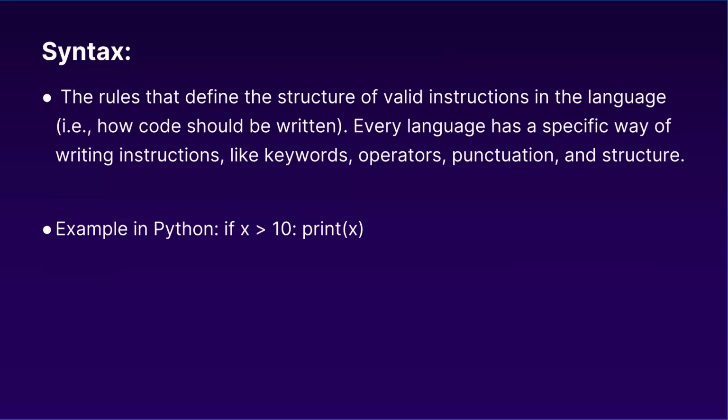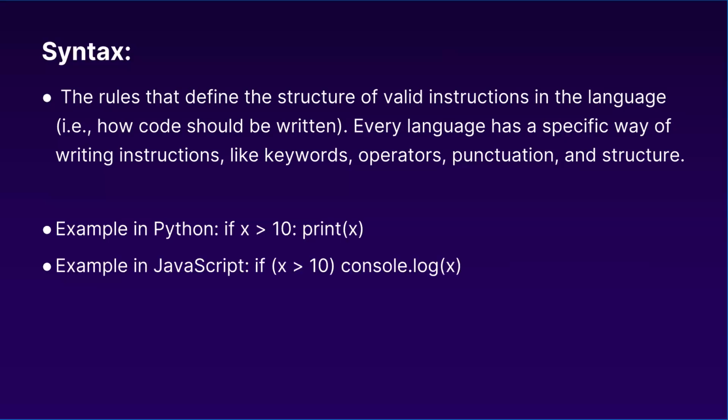That means if s is not greater than 10, don't do this. This is another way of writing it in JavaScript. You can see that they have different syntax. In Python, the s greater than 10 is not inside brackets, but in JavaScript, it is inside brackets. And there is no colon after the 10 in JavaScript, but there is a colon after the 10 in Python.